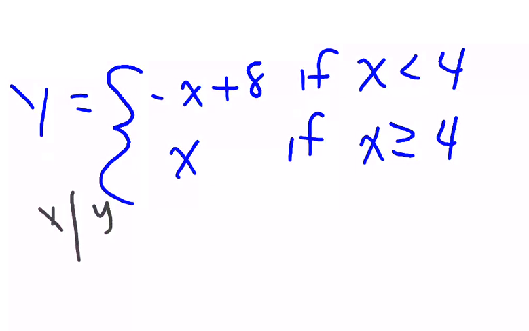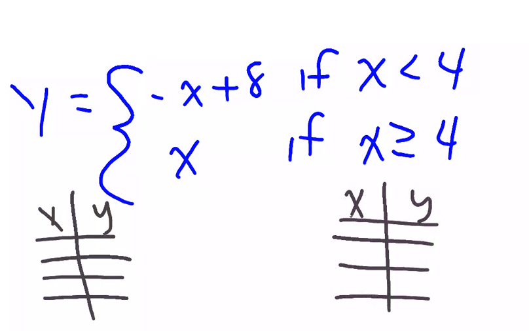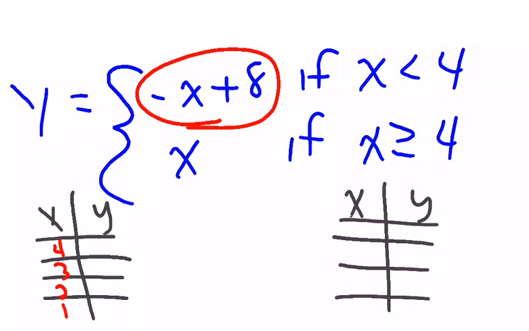Again, we can do an xy chart, or you can use slope-intercept form, any of those. So the top one, it's going to follow this top one if we pick numbers that are less than 4. So 4, 3, 2, 1. So let's plug those in.